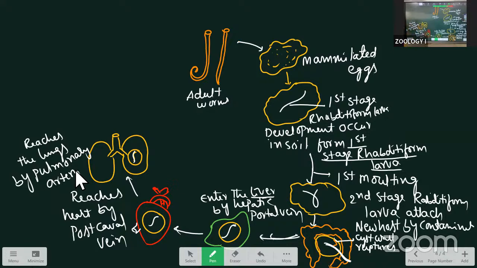Now it is inside of the lungs. The alveoli are present. Inside of the alveoli, they undergo the second molt and third molt.